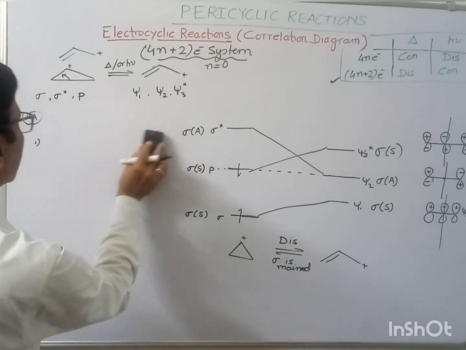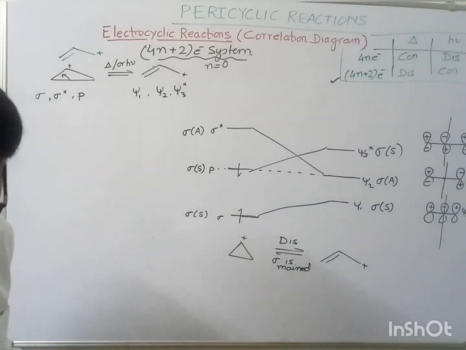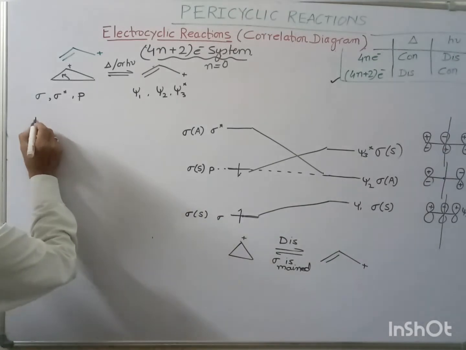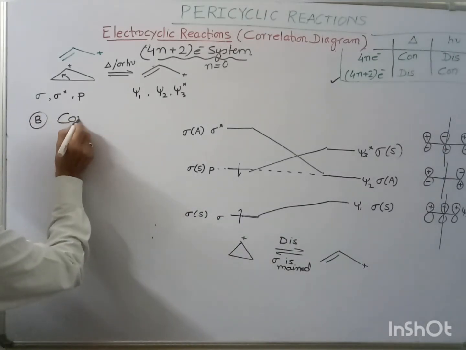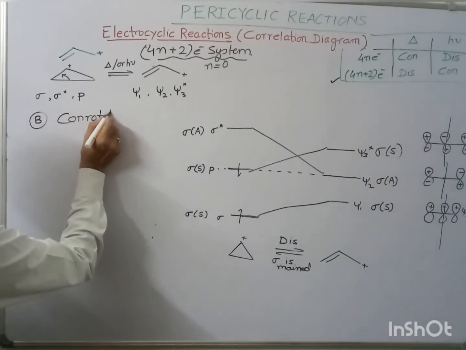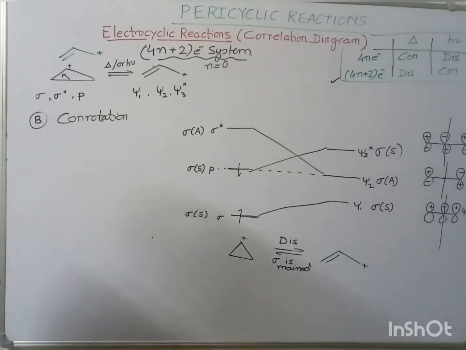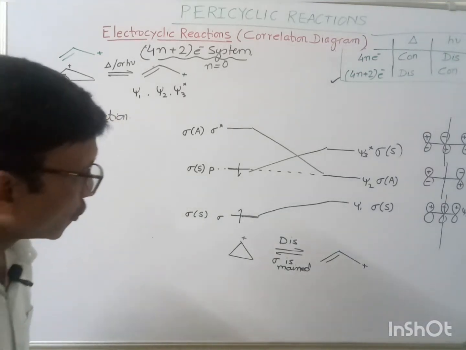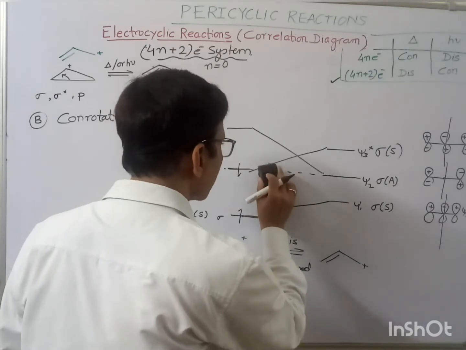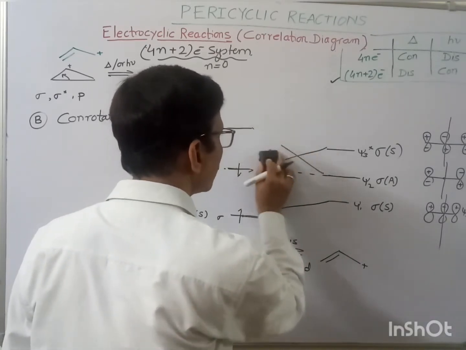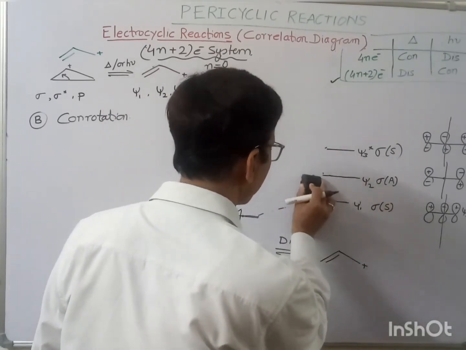We will now check for conrotation, the second case. What will be the diagram for this conrotation? This diagram will get changed for conrotation.